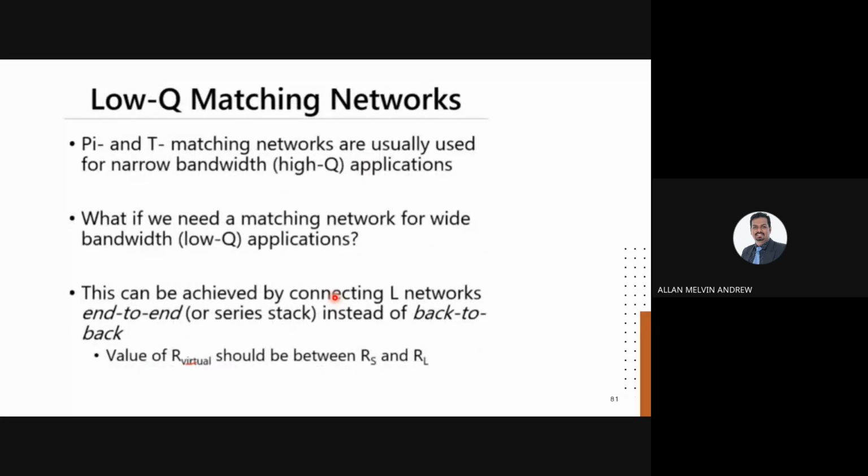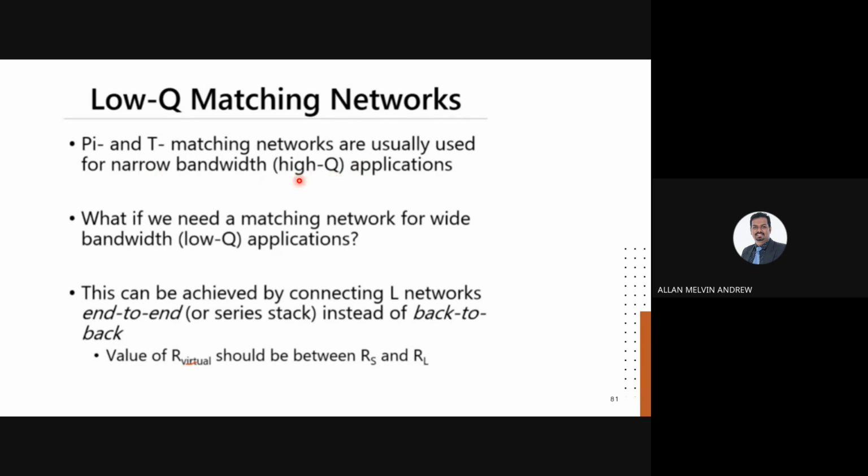Earlier we have seen this for high quality, but there can be some applications which require low quality matching networks. Pi and T matching networks are usually used for narrow bandwidth, which is a high quality application.